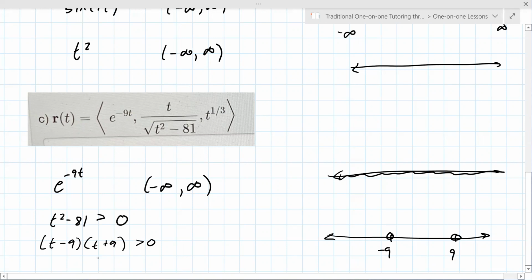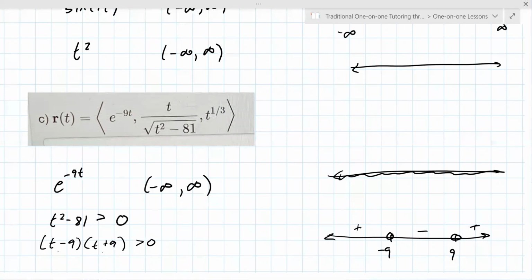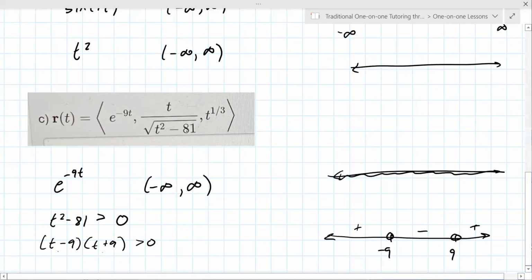Negative 9 times 9 is a negative number, so that's negative. If you test, say, 10, you get a positive and a positive, so that works out nicely, and so does negative 10. So where is this thing positive? It's positive either left of negative 9 or right of 9. And that's what we're looking for.